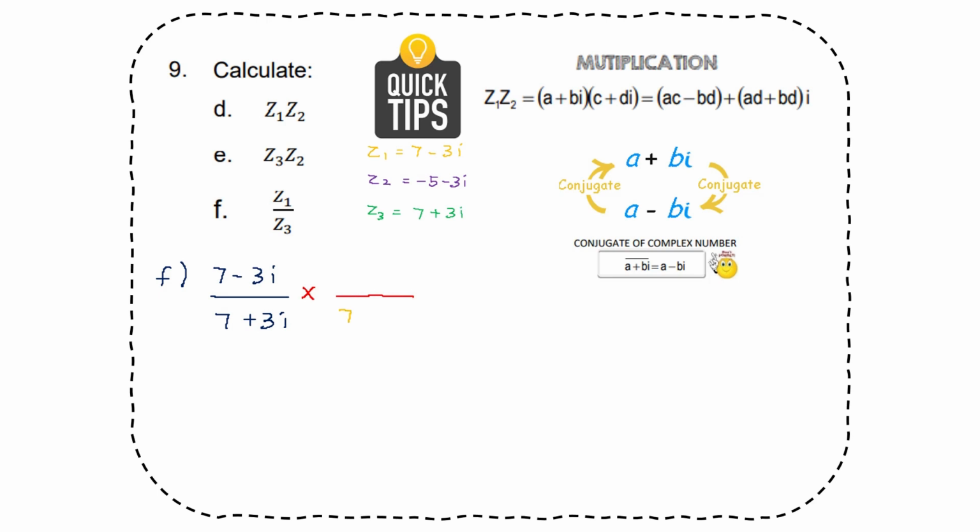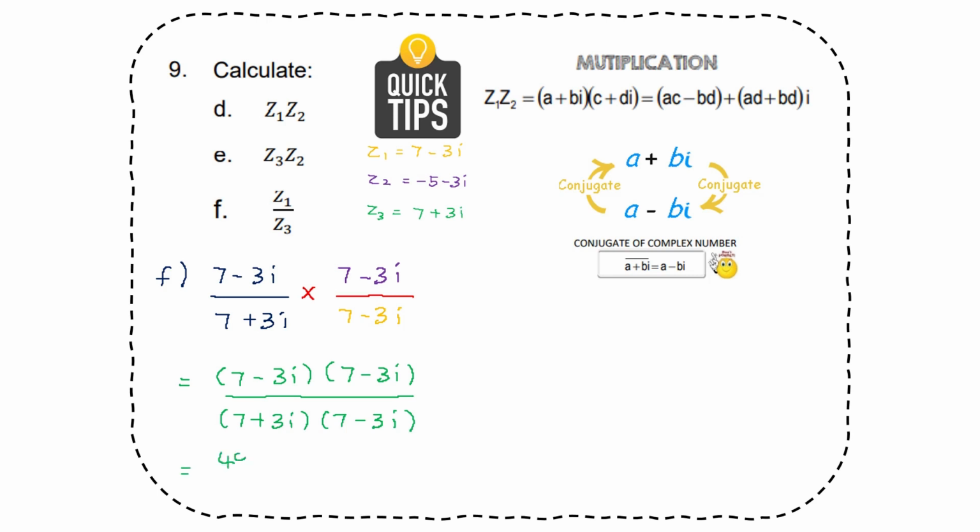We have 7 minus 3i, and then this one will follow the denominator. So right now we have 7 minus 3i, 7 minus 3i over 7 plus 3i, 7 minus 3i.